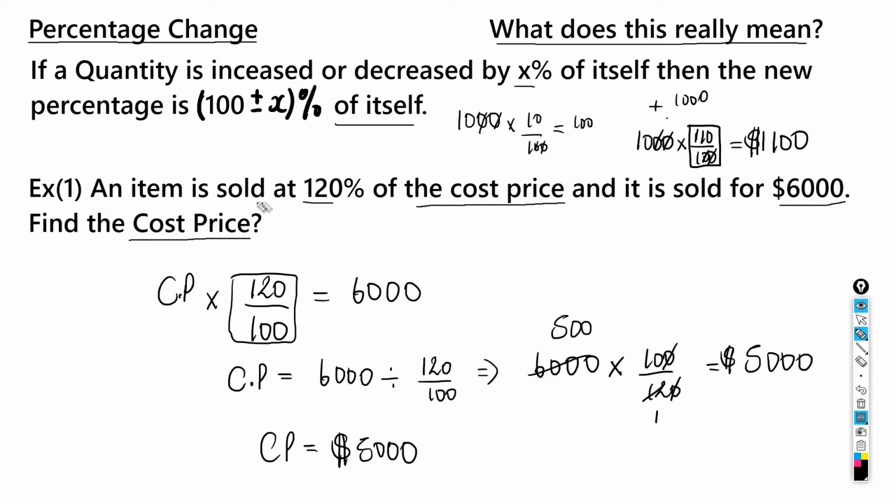The 120% of the cost price is equal to the 6,000 it was sold for, which is the selling price. So in order to find the cost price, we have to make the cost price the subject of the formula. I think this is a good introduction to making something the subject of the formula and finding what the question asks you. So let's look at two more examples.